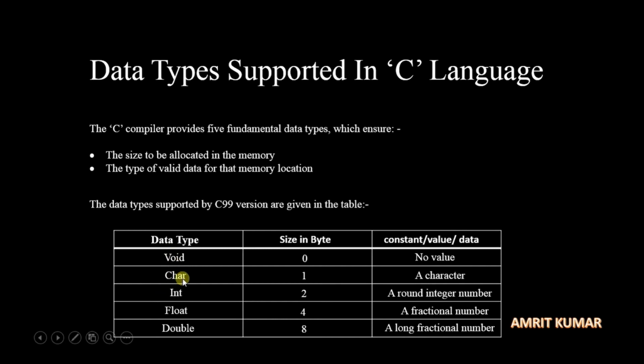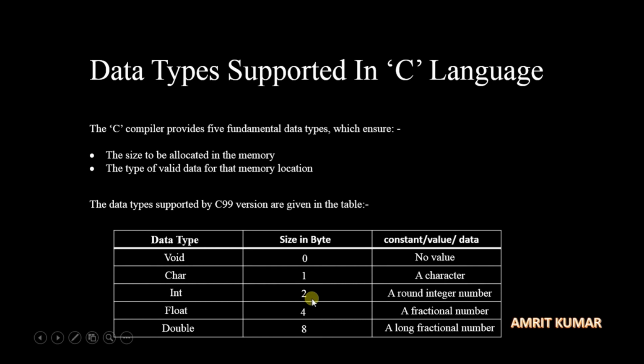Now we will talk about char. Char is a character. It can only store a character constant, and its size is 1 byte. Now int is the integer data type.